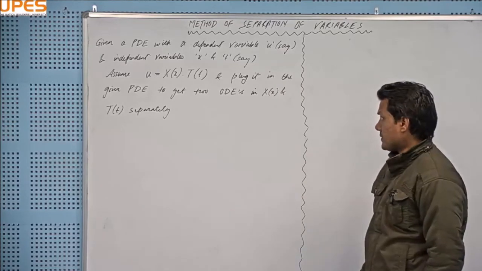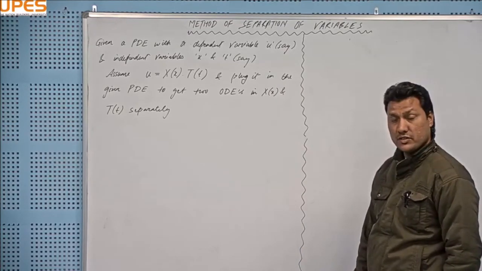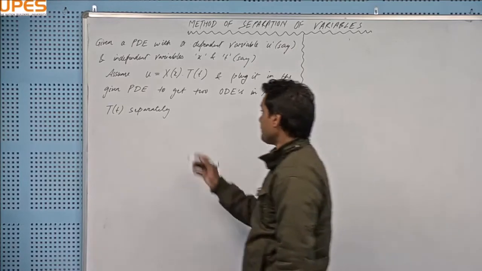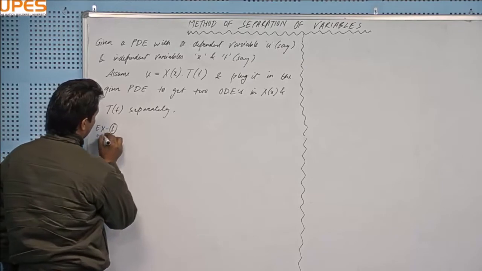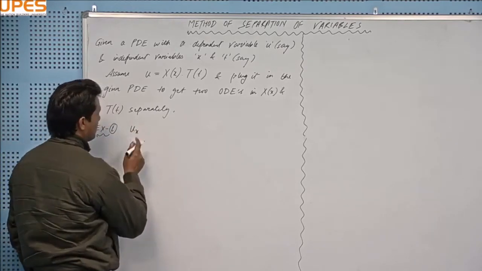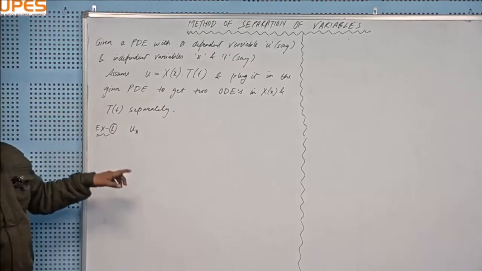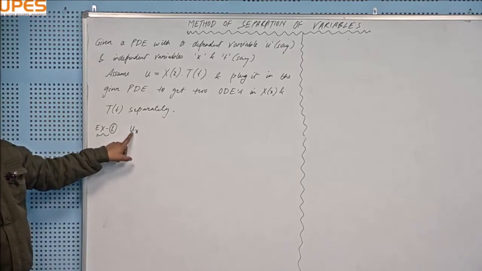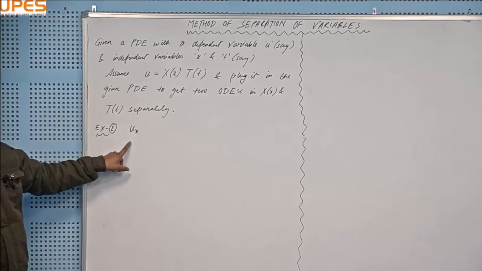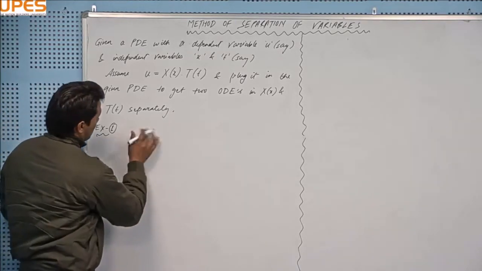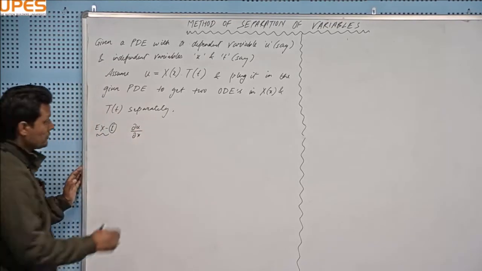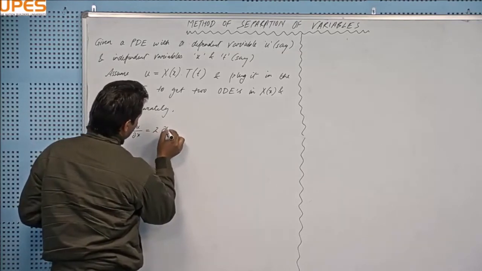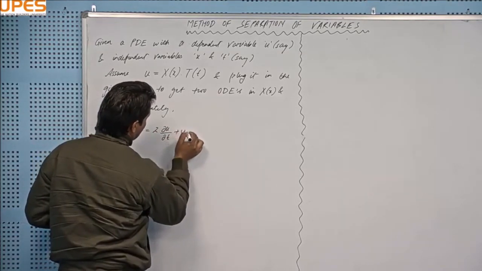Okay, so taking my first example, example number 1. Let me take u_x, where u is the dependent variable and x is an independent variable, and that is obviously del u over del x. You may like to write it this way: del u over del x is equal to 2 times del u over del t plus u.